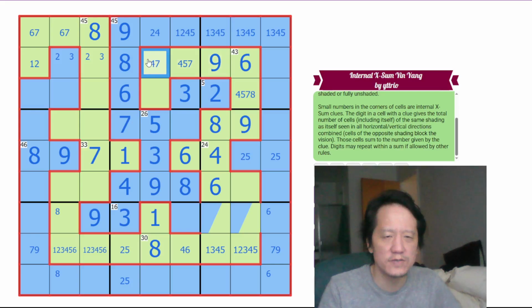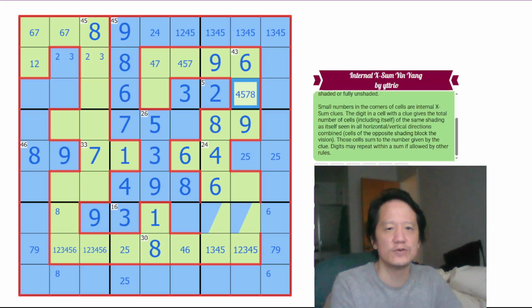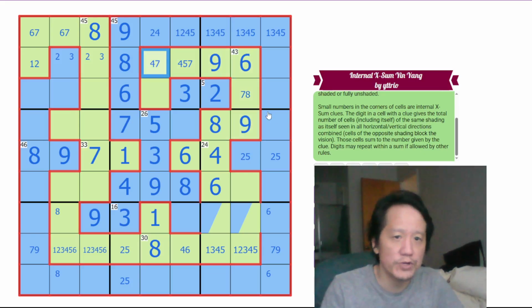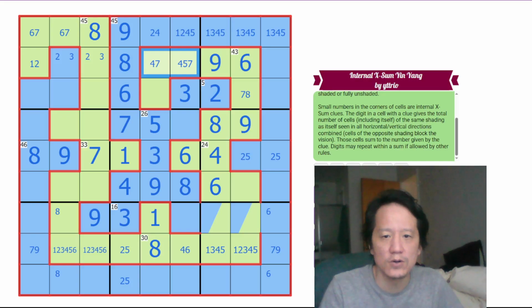This is 4, 7, 9 or 5, 7, 9. So that's 21 or 20. This must be then 23 or 22. So this is 7 or 8 here. We know the 7 has to be here.